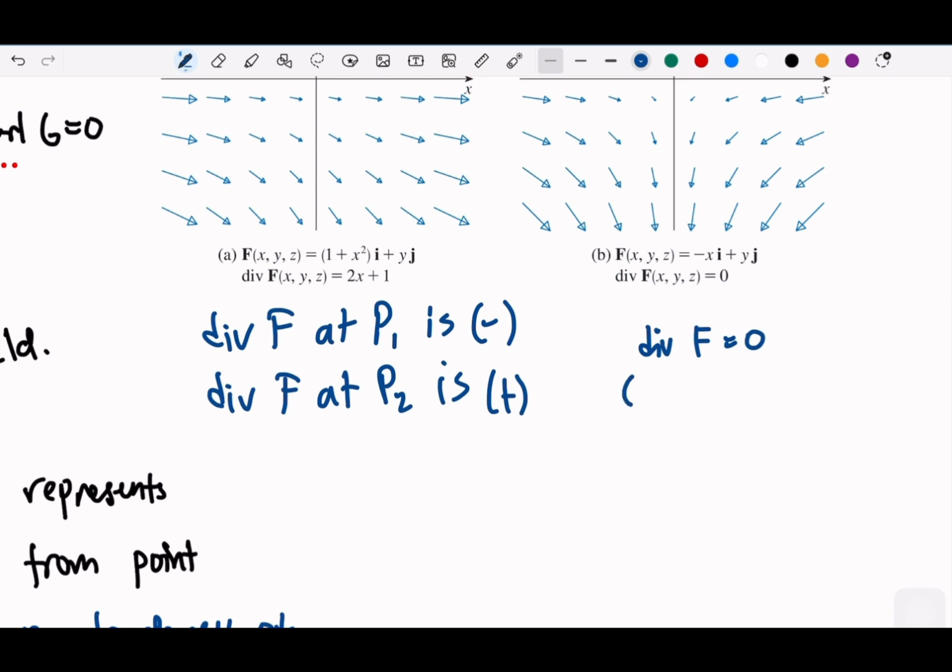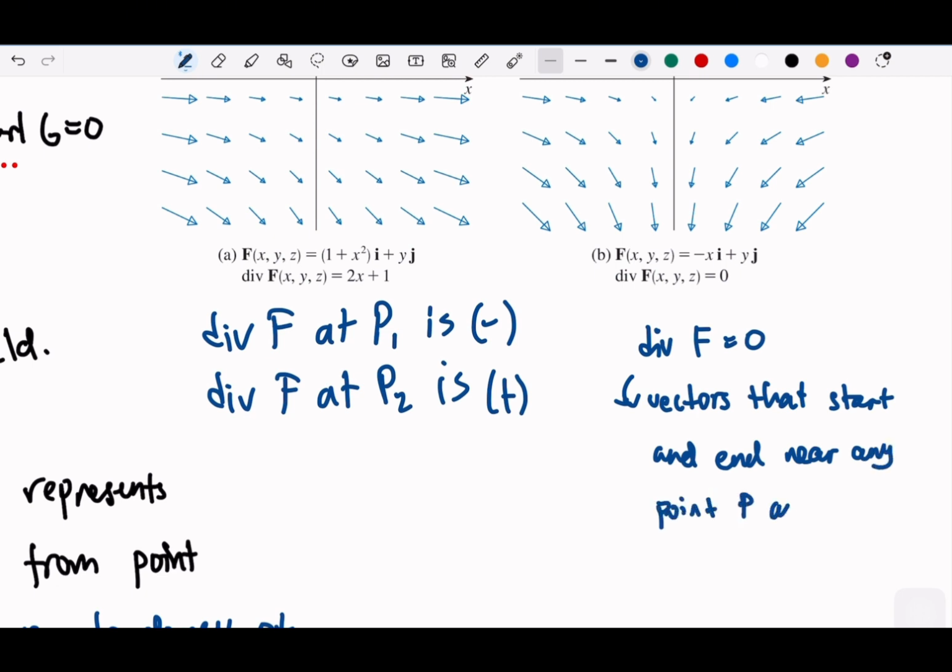The vectors that start and end near any point P are about the same length.